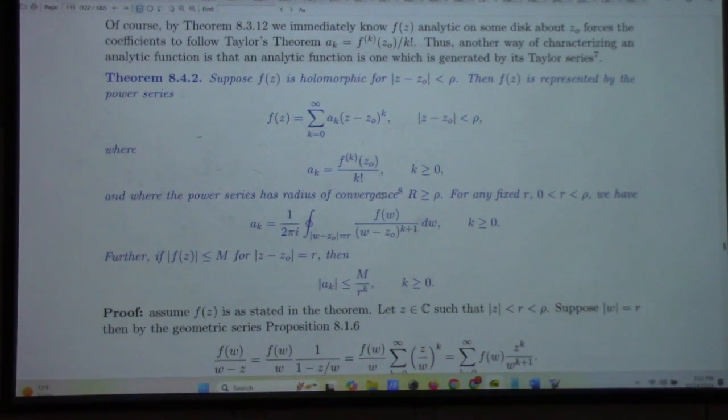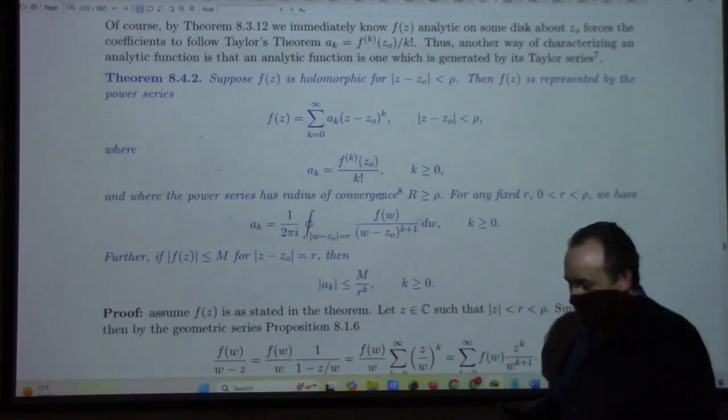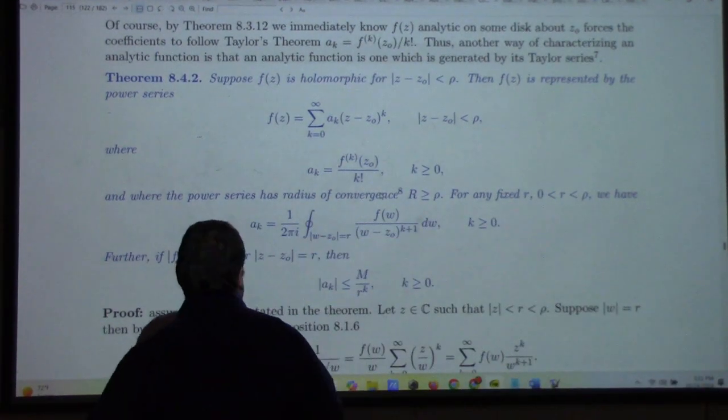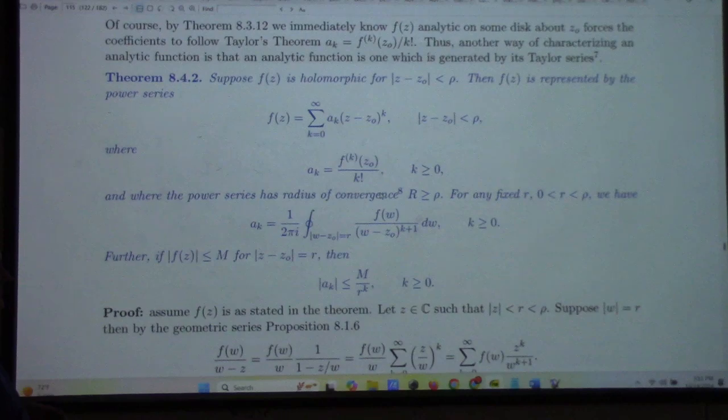So Shane was correct. Basically, Cauchy's integral theorem is going to be one of the main ideas. But actually, it's a little bit sneakier than that, because what we essentially do is start with f of w over w minus z, and then we make it geometric.